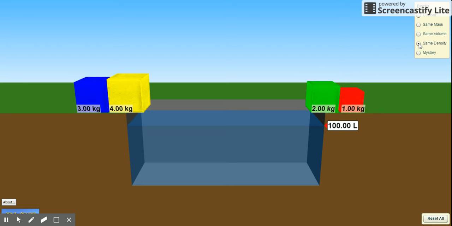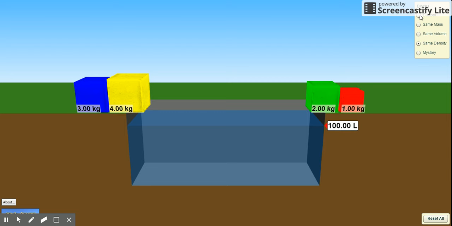And then also you can have all the blocks with the same density. Now what will happen to all of them if you throw them into the water? Notice that they have different masses and different volumes, but their density should be the same. So play around with this to help you really understand how density works.